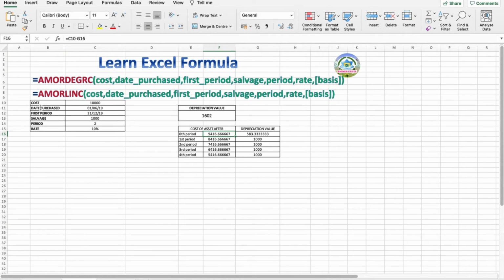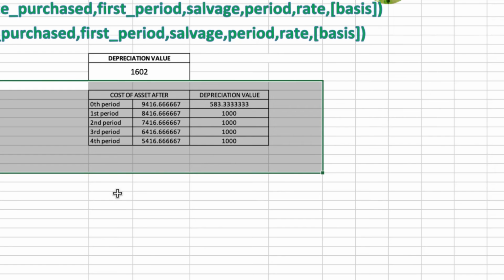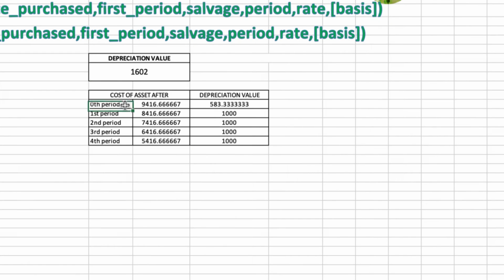Everything is the same: cost, date purchased, first period, salvage, period and rate of decline in its value. But when you see the table here, there is a 0th period, its value is this, and after the first, second, third and fourth periods it goes like this. But see the depreciation value.